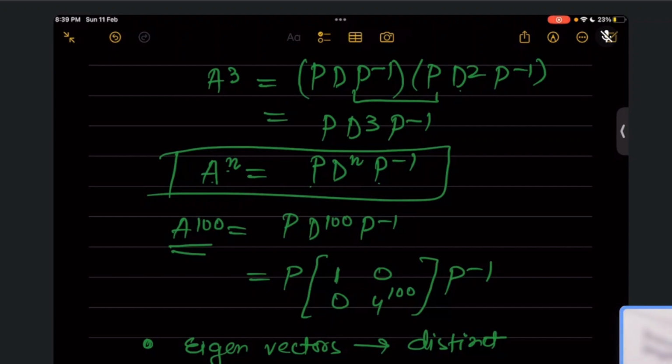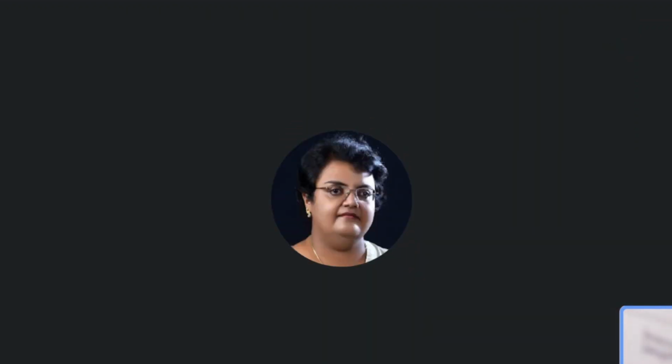That is why this process is only applicable if you have distinct eigenvectors, because there are some cases where the eigenvalues are same, and sometimes the eigenvalues are same and eigenvectors are different, but sometimes the eigenvalues are same and eigenvectors are also same. In that case, you cannot find the diagonalization matrix in this method.